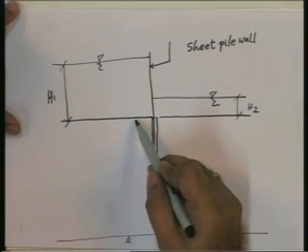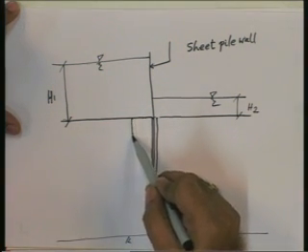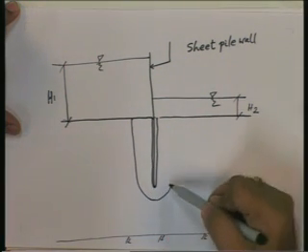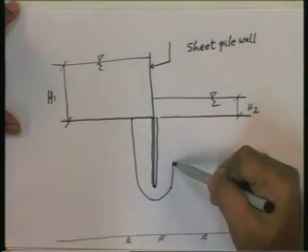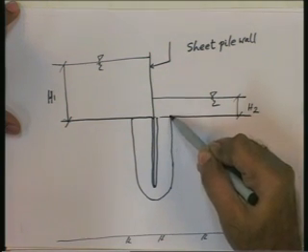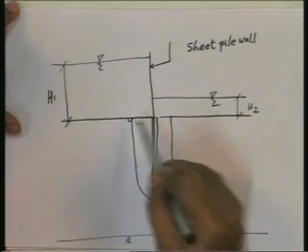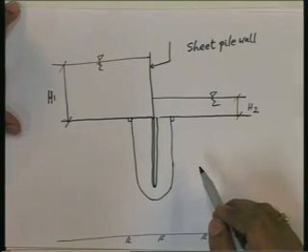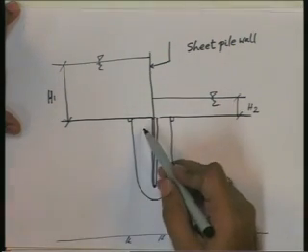The second flow line erupts out like this, which are approximately drawn. Here being an equipotential line, orthogonality has been maintained. So, this is the flow channel.